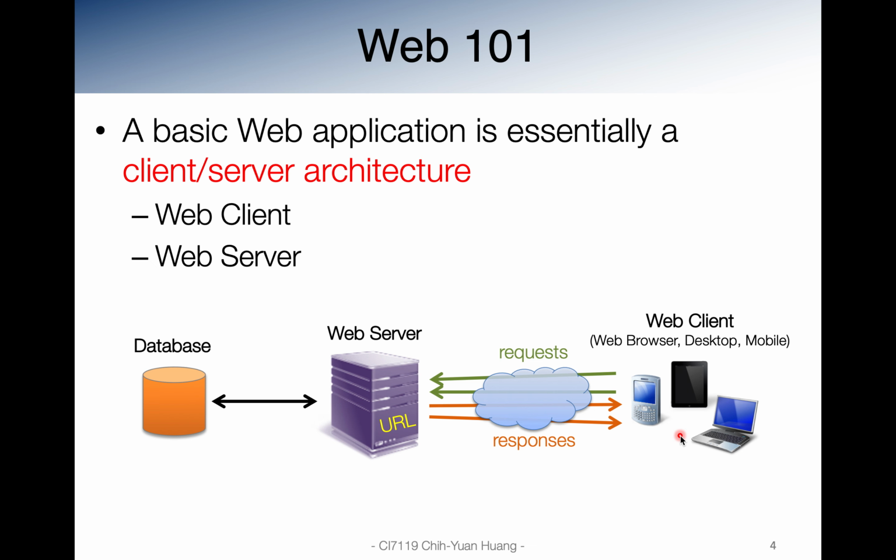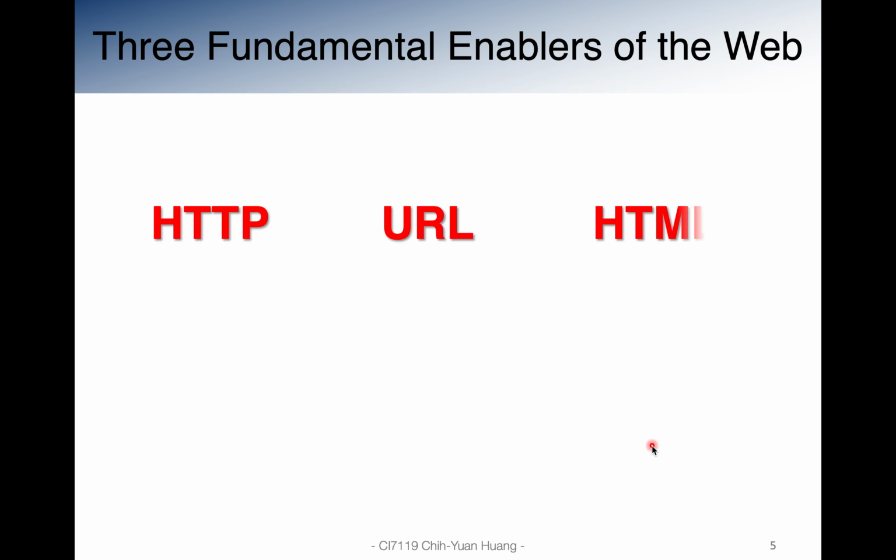In order to achieve the communication between the web client and web server, these two independent systems, we need interoperability. And in order to achieve interoperability, we need to define standards. There are three fundamental enablers of the web, including HTTP, URL, and also HTML.